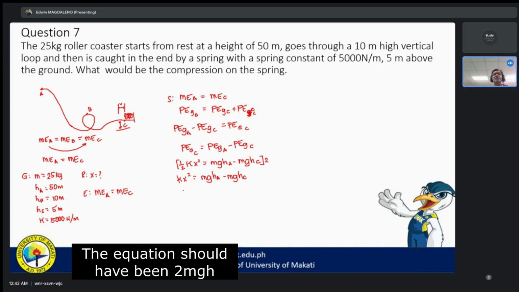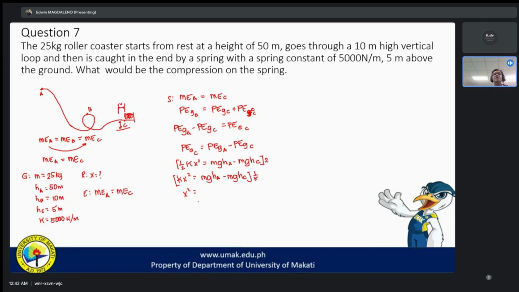Then transposing k, we divide the whole equation by k, which will give us x squared equal to mgh at point A minus mgh at point C divided by k. And finally, removing the square, we get the square root of both sides.